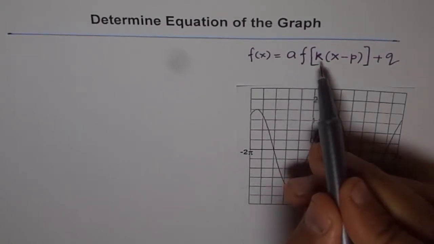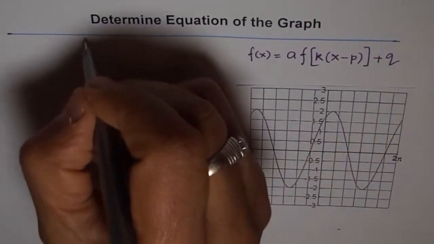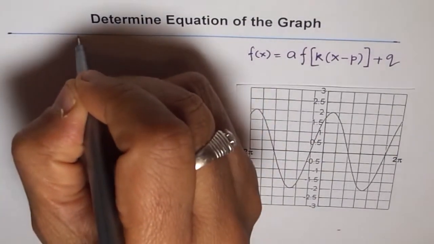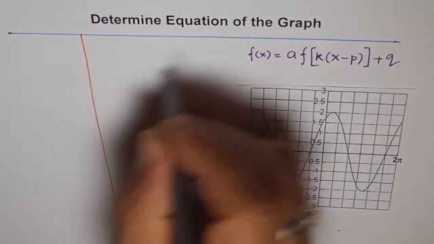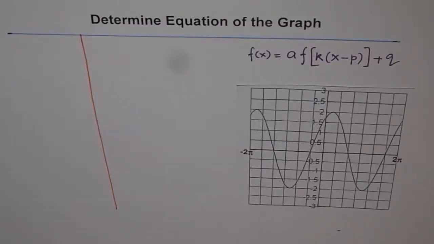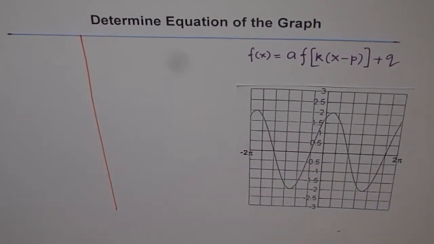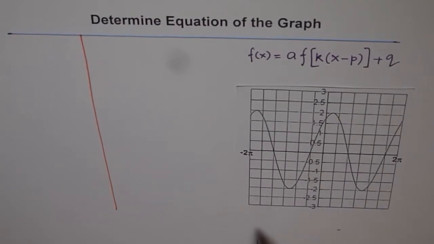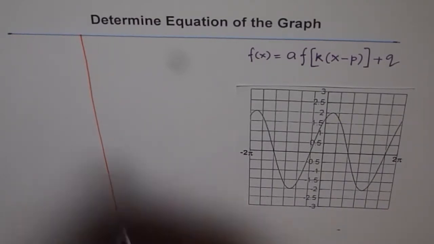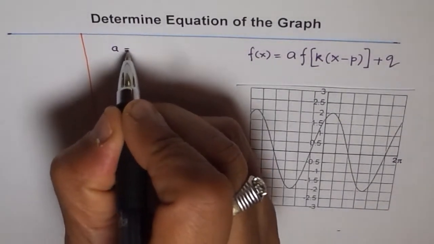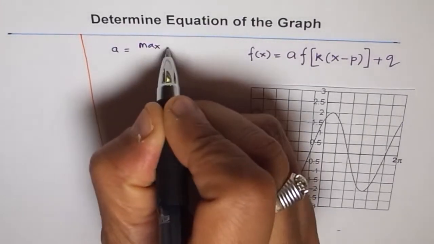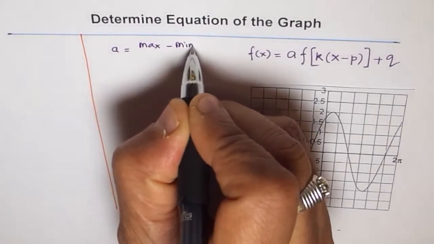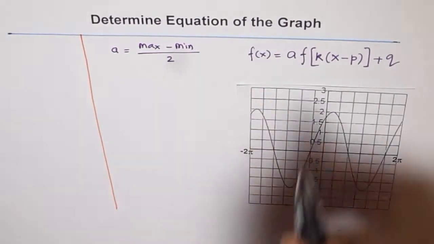Now, here let's define our variables. What are a, k, p and q? And how do we find them? So here a is the amplitude. Amplitude can be found by finding the maximum and minimum position of the function. So a can be written as maximum minus minimum divided by 2.